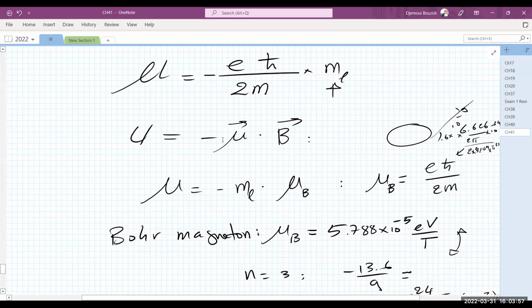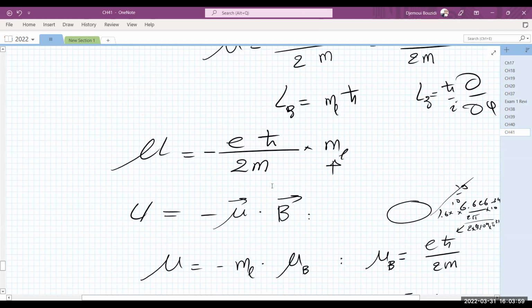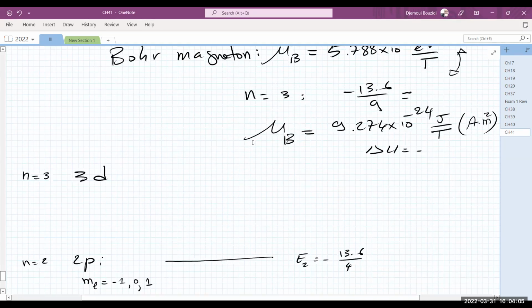And mu itself has a negative sign already. So when you do the algebra, it's a negative times negative, so it's going to be positive. So delta U is just positive in this case, ML times mu B B. So that is the final value for the energy shift in this case.